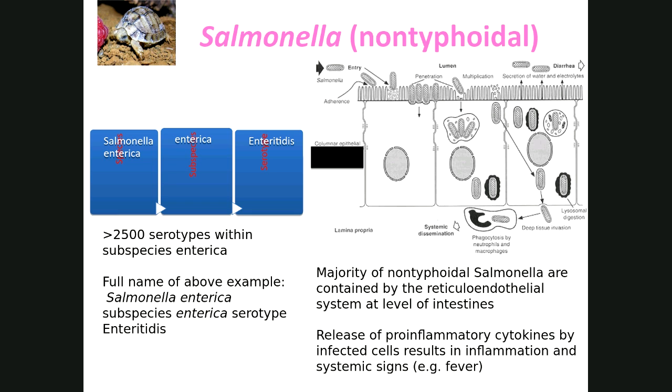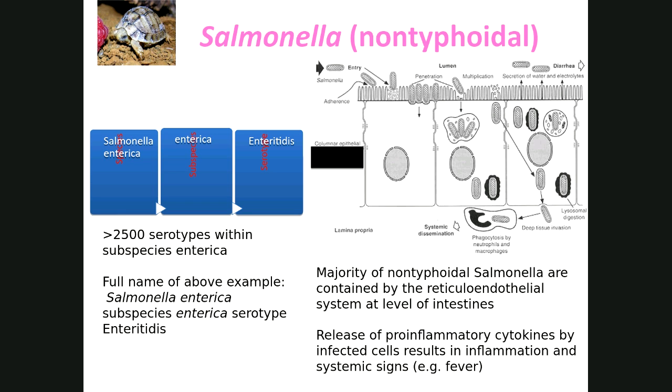The full name is Salmonella enterica, subspecies Enterica, and then there is the serotype, and there are so many serotypes. One of them is Enteritidis. You don't have to know the names of the serotypes.